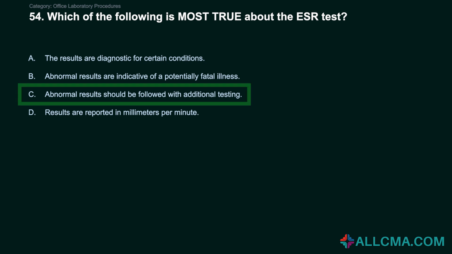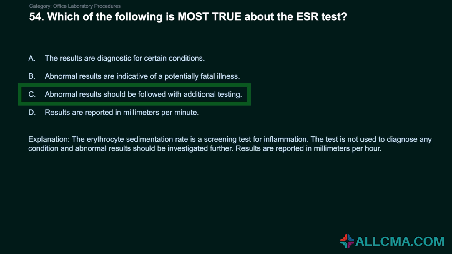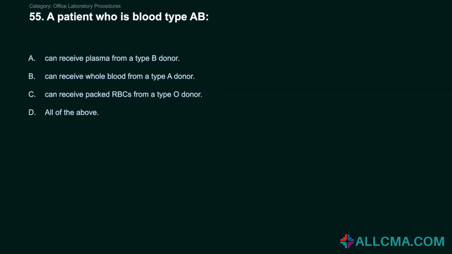Correct answer, C. Abnormal results should be followed with additional testing. The erythrocyte sedimentation rate is a screening test for inflammation. The test is not used to diagnose any condition, and abnormal results should be investigated further. Results are reported in millimeters per hour.